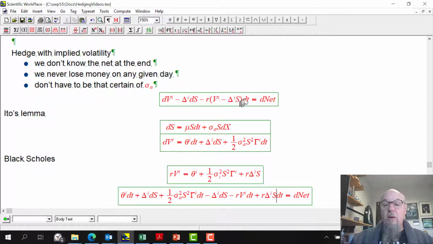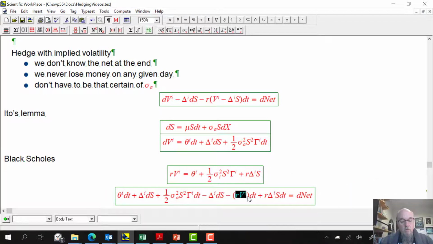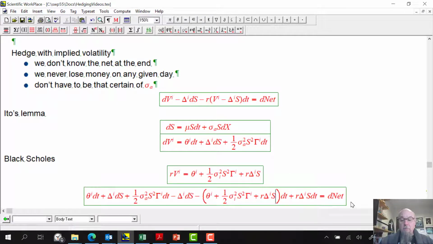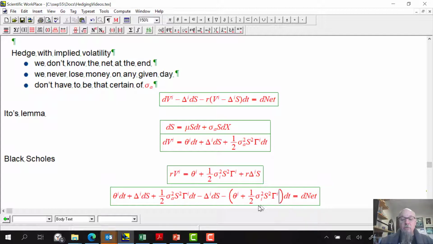That would be minus r V superscript I dt, and then replace this piece, r V superscript I, with an expression from our Black-Scholes. Let's clean up then. I'm going to have a minus r delta superscript I S dt and a plus here, so this piece is going to cancel this piece.